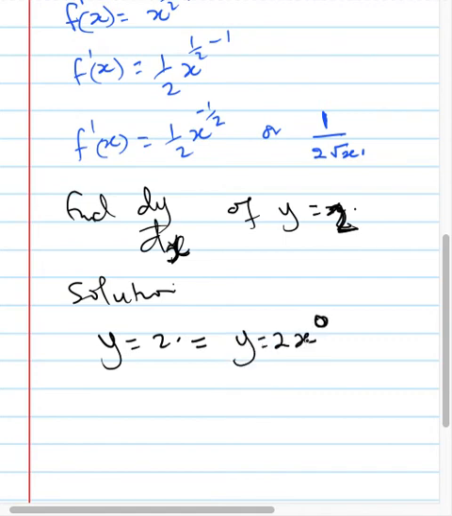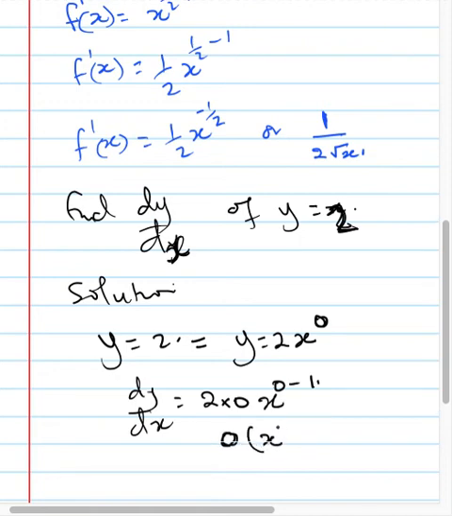Remember, any number to the power of 0 is 1. So dy dx will be 2 times 0, the 0 comes down here, and then x to the power of 0 minus 1. So 0 times x to the power of negative 1, and any number times 0 is 0, so dy dx ends up being 0.